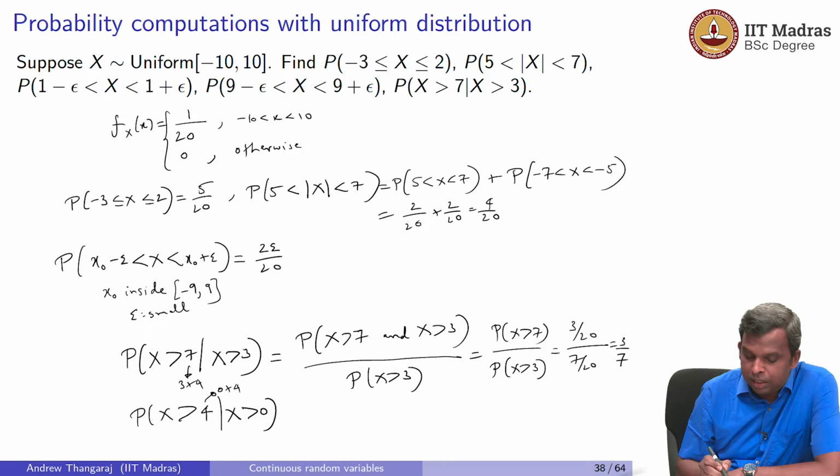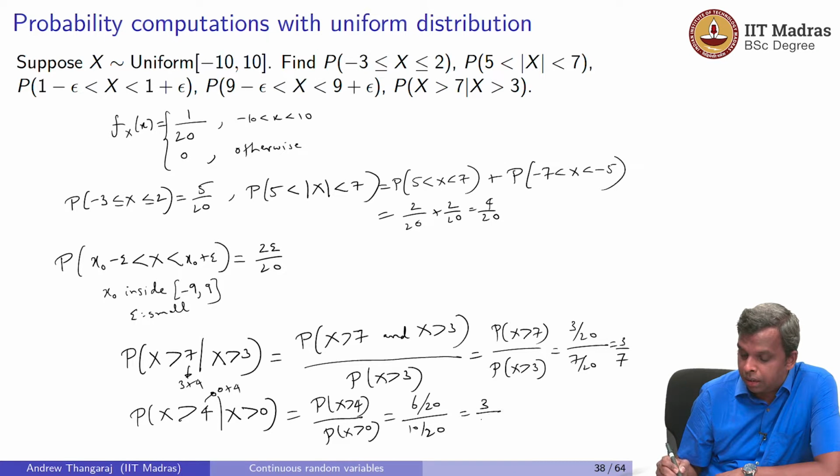So basically, x is greater than 3: what is the probability that you're going to be conditionally 4 away from 3? Likewise, x is greater than 0: what's the probability you're going to be 4 away from 0? If you do the same calculation here, you'll get the probability of x greater than 4 by the probability of x greater than 0. This is going to be 6 by 20 by 10 by 20, 6 by 10, or 3 by 5.